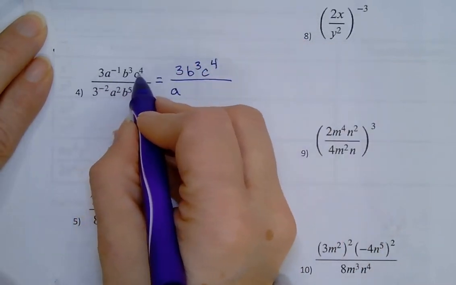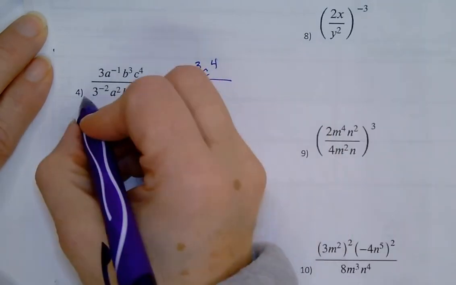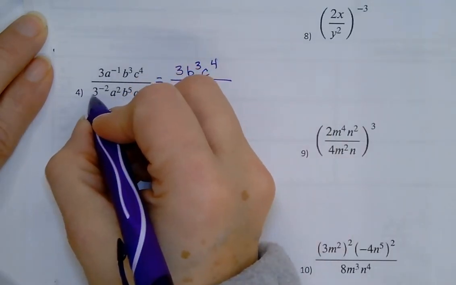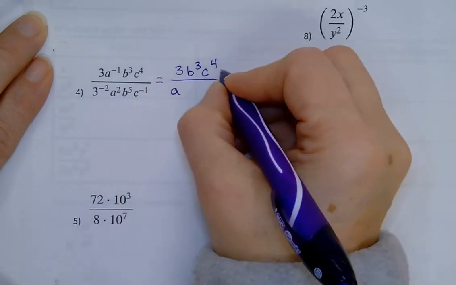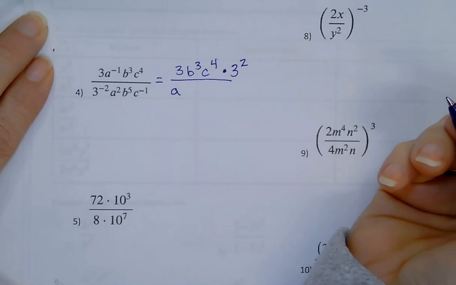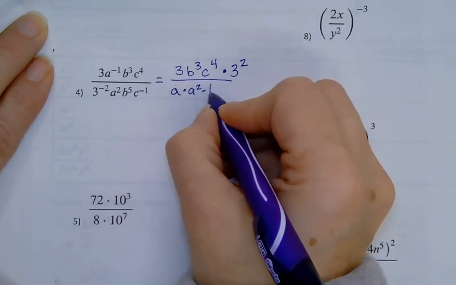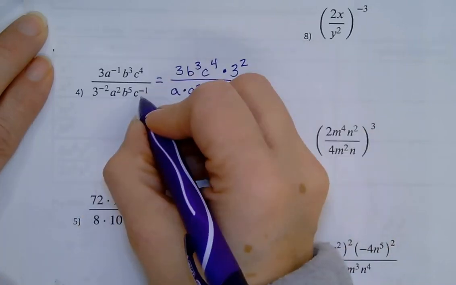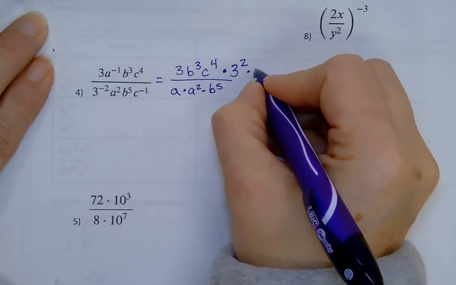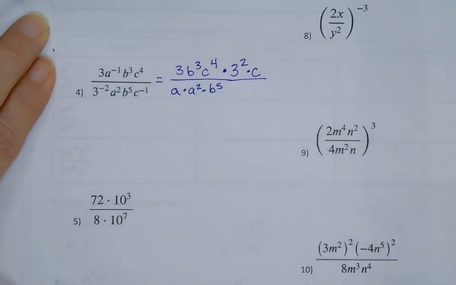I've taken everything that was in the numerator and made it have a positive exponent. Okay, in the denominator I have 3 to the negative 2. I'm going to move that to the numerator, so now that's 3 squared up there. a squared gets to stay down here, and b to the 5th gets to stay down here. But c to the negative 1, I'm going to move up to the top as c to the 1. Okay, now I just have a lot of positive exponents, and it's going to make things a little bit easier.